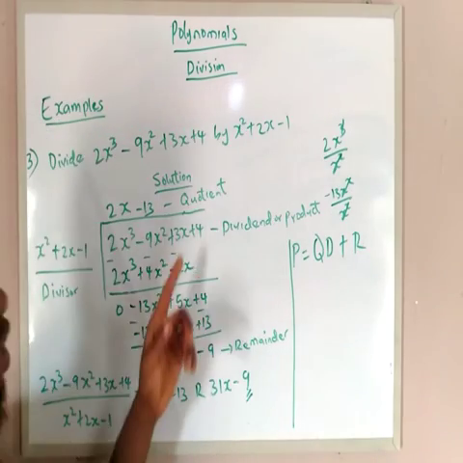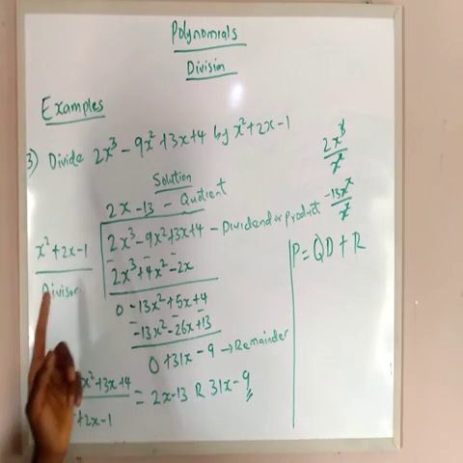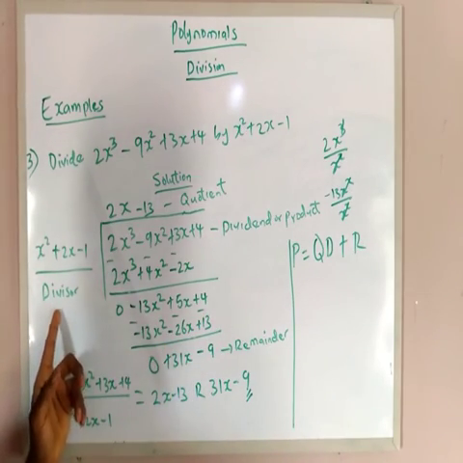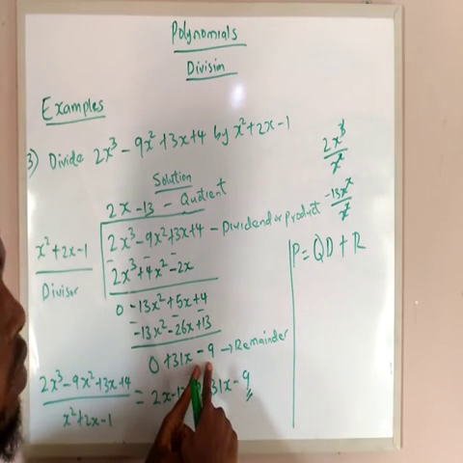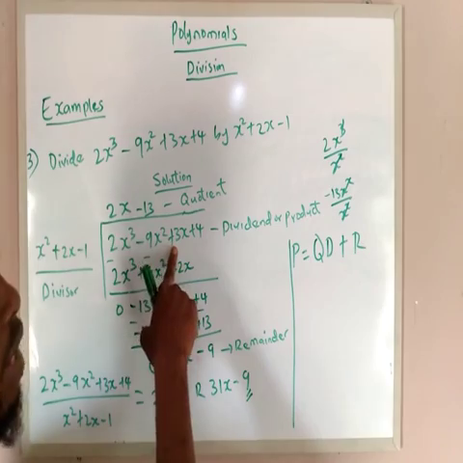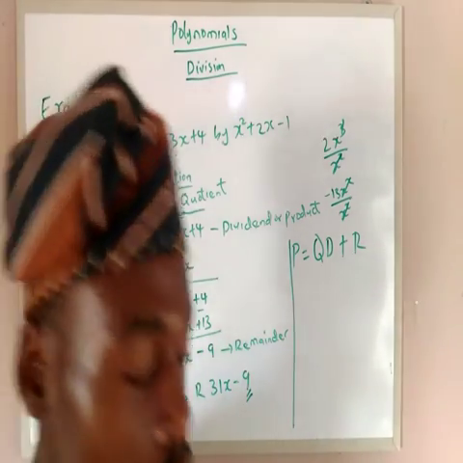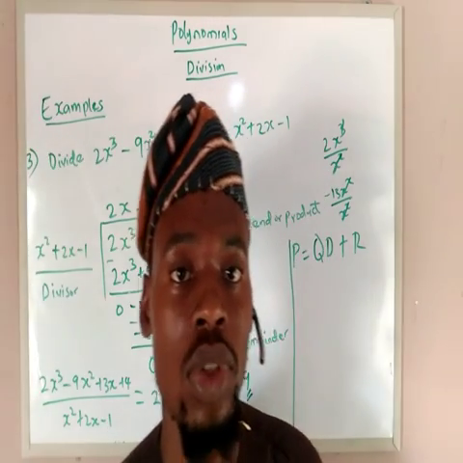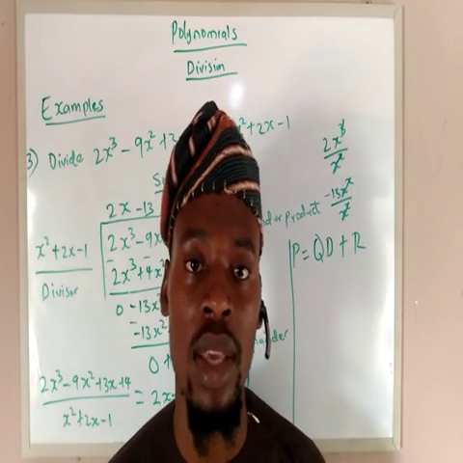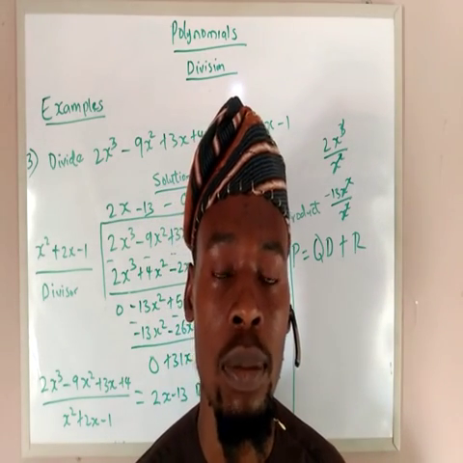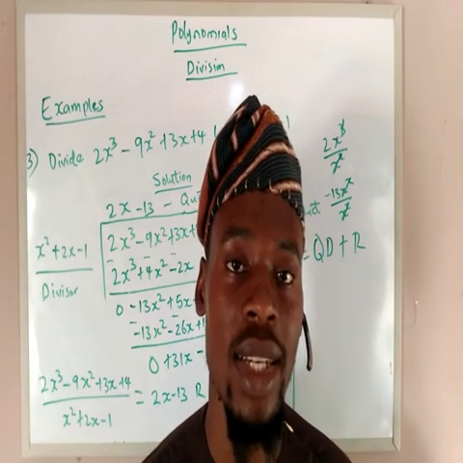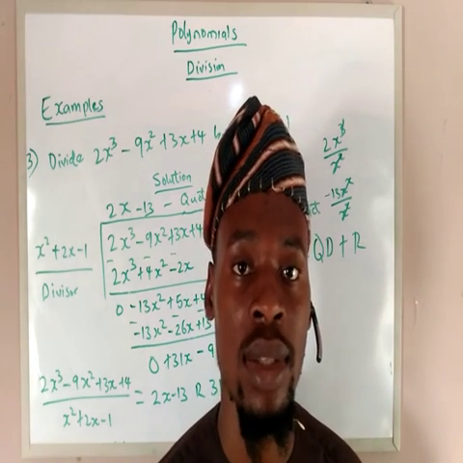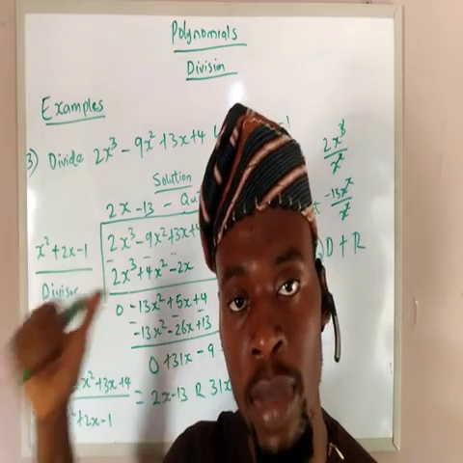If you multiply your quotient by your divisor and you add this to your remainder, you always get your product back. So I leave that to you as an easy exercise to check for all the 3 examples we have done. Multiply the quotient by the divisor and add the remainder to your answer. You always get back your dividend.